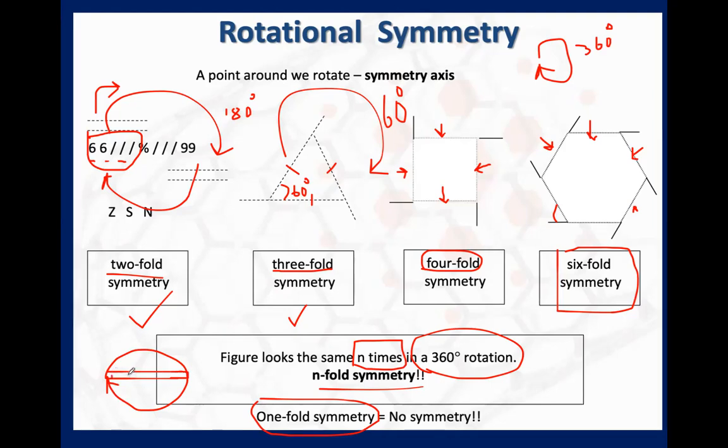So really speaking, there is no rotational symmetry. There is nothing called one-fold symmetry. So two-fold, three-fold, four-fold, like that, you can have the symmetry. That means you see the object in the same appearance that particular number of times. Any questions up to here?